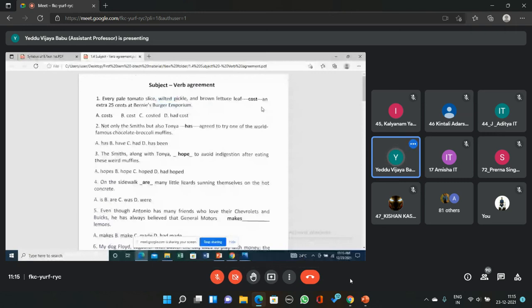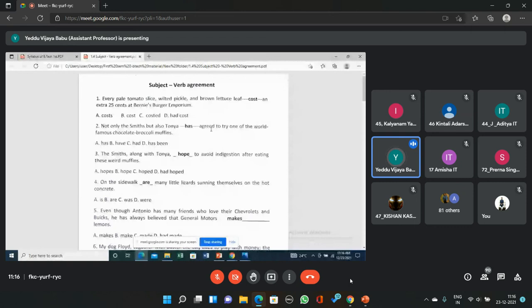In the second sentence, not only the Smiths but also Tanya blank agreed to try one of the world famous chocolate broccoli muffins. Not only but also, what is the condition for not only but also? Singular form, not plural. Understand? So what clues are given here for us? Has, have, had, and has been. The right one is has agreed.